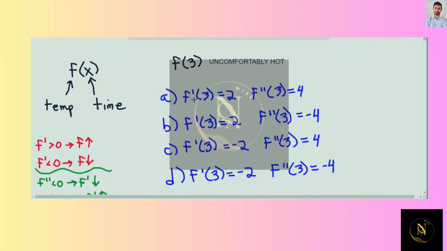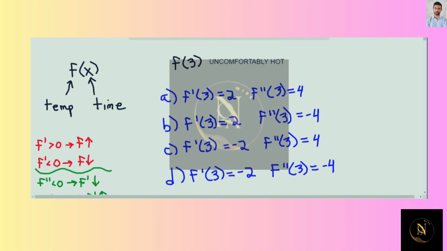Now, if F prime of 3 is positive 2, what does that mean? We'll look at F double prime of 3 being positive 4 in a second, but if F prime of 3 equals 2, what does that mean? Well, if F prime, the derivative, is positive, that means the function is increasing.